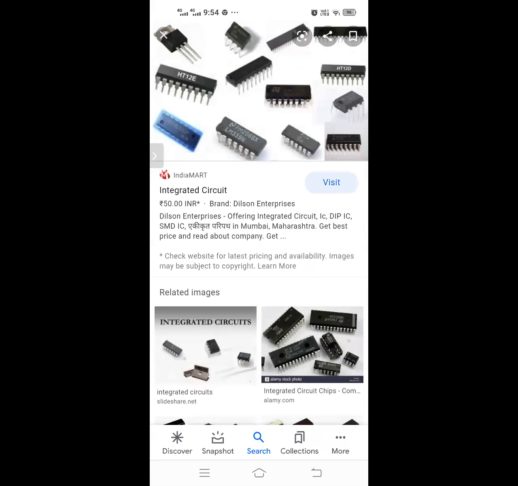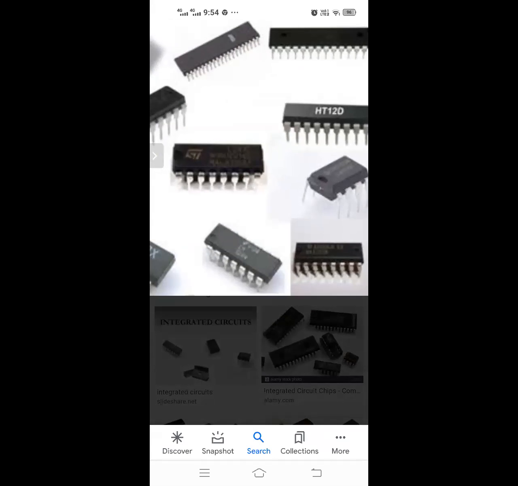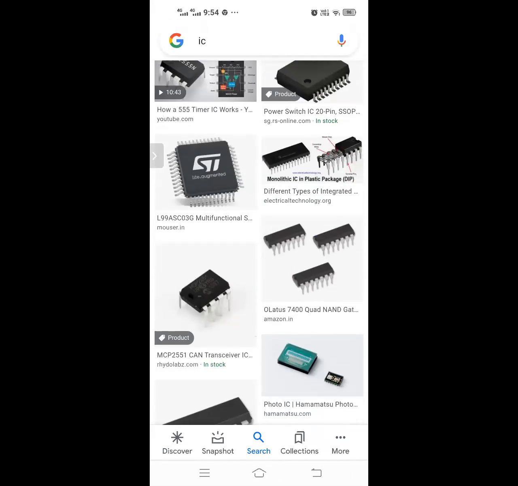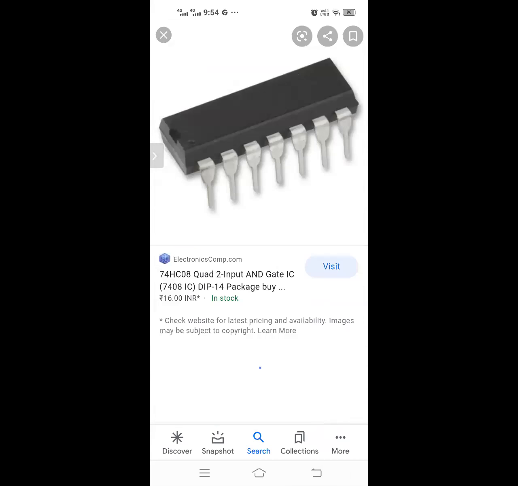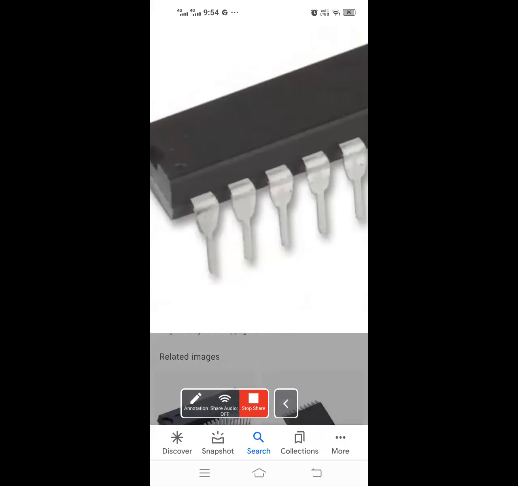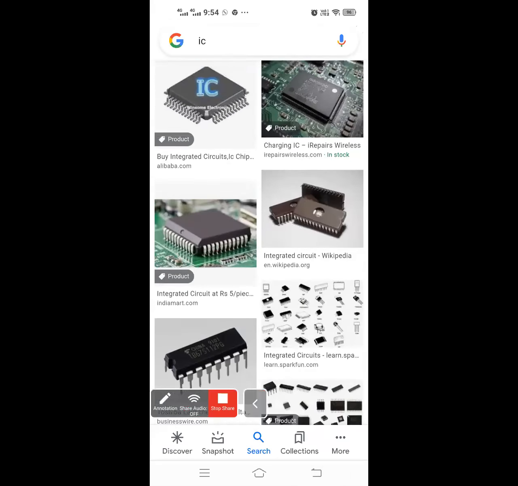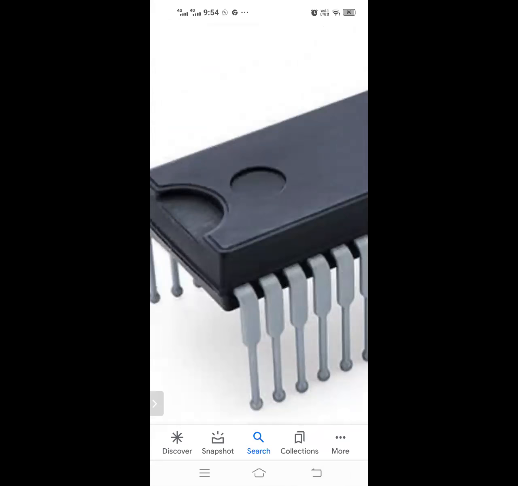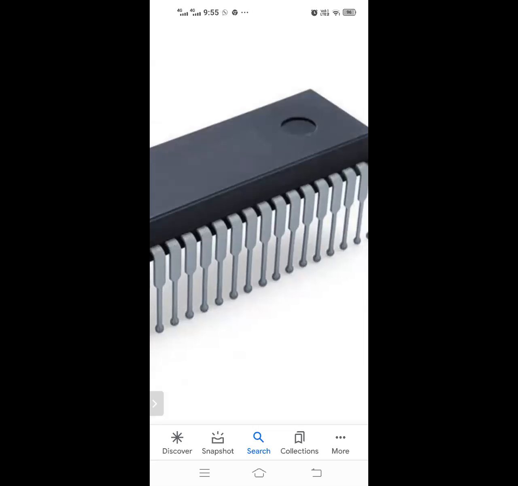Can you see this now? So these are all ICs. Now, how can you find which is the first pin? See, on one side you have a curve like this. On the second side you don't have any curve. Getting it?